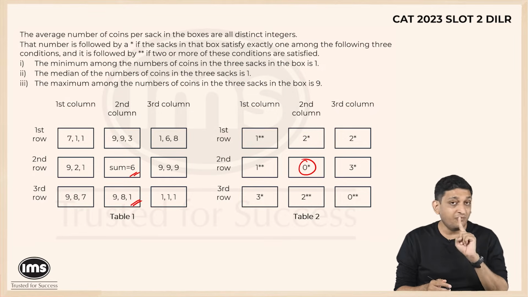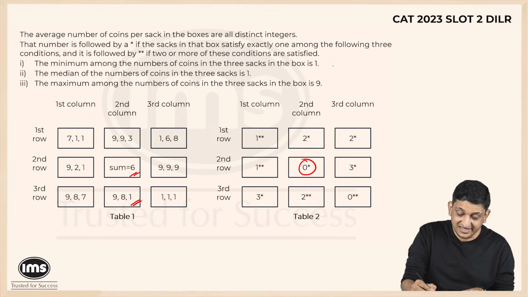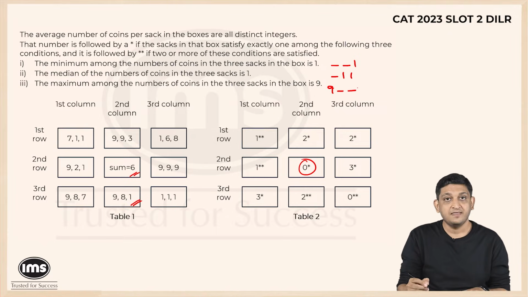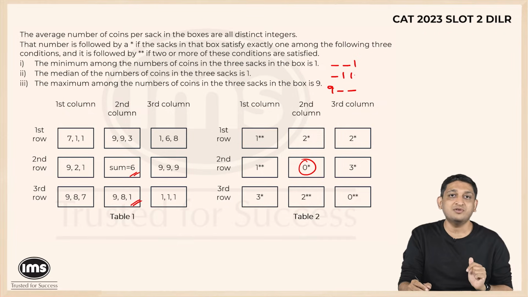We also know that only one star is true. Now if only one star is true, what does it mean? In this case, minimum is 1, or median is 1, or maximum is 9. Now out of these three cases, which one can be true for the sum to be equal to 6? Can -11 work? If -11 works, then as discussed, 2 being true will mean that 1 is also automatically true.